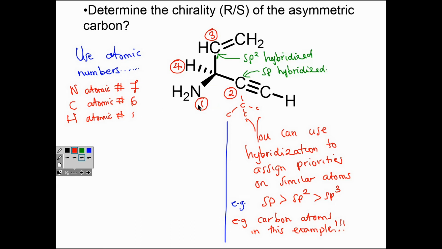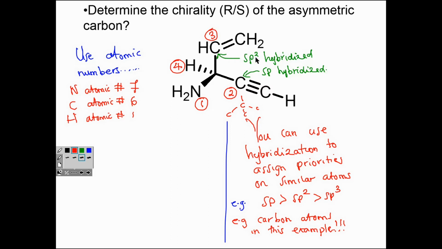So we give nitrogen, the amine, priority number 1 because the nitrogen has higher atomic number than these other 2 carbons that are bonded to the asymmetric carbon center. So this is priority number 1, the sp hybridized carbon number 2, sp2 hybridized carbon number 3.